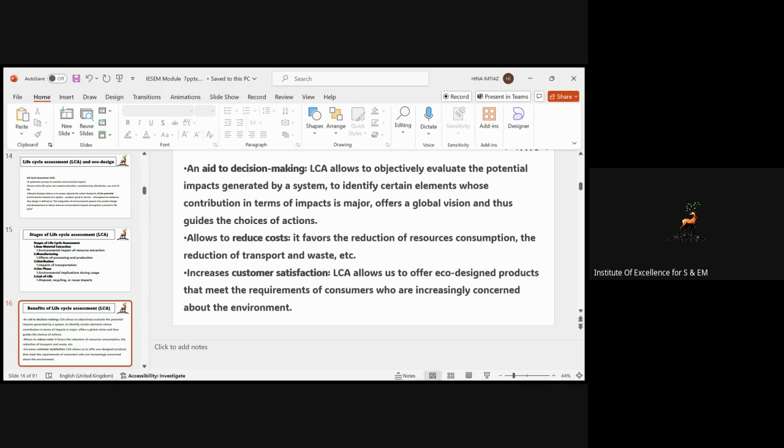So it automatically increases customer satisfaction, and that customer will feel happy buying that product the next time and the times after, thinking that they are not polluting the environment. It will give inner peace and inner satisfaction to the customers, and ultimately result in purchasing more products from that industry, and it will give profit to the industry as well.